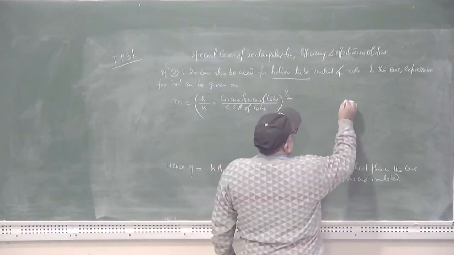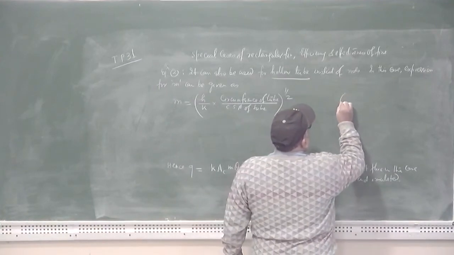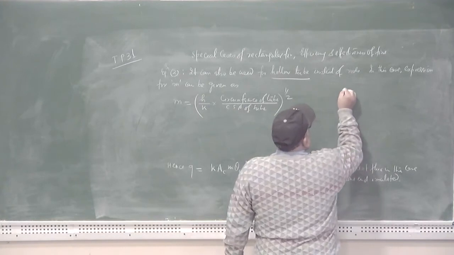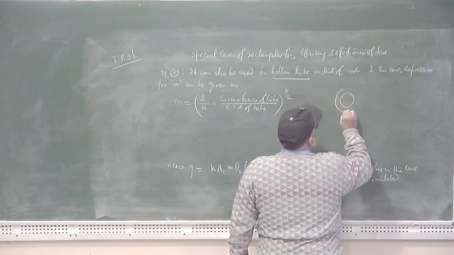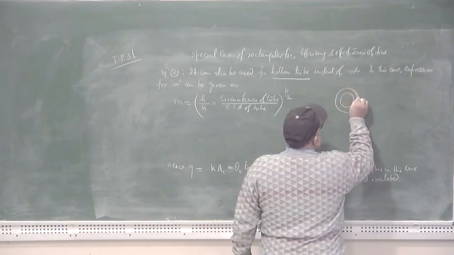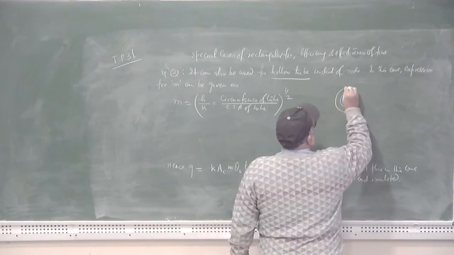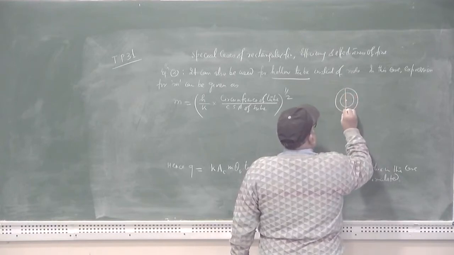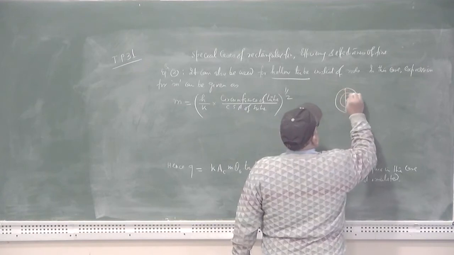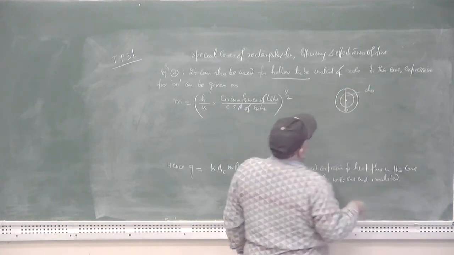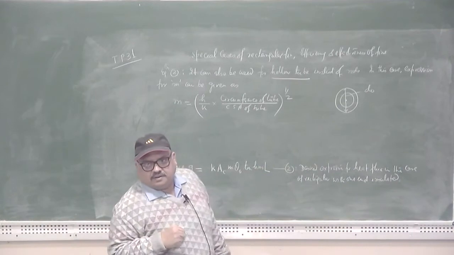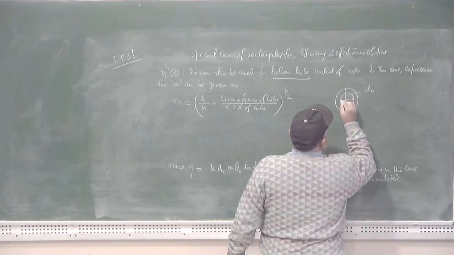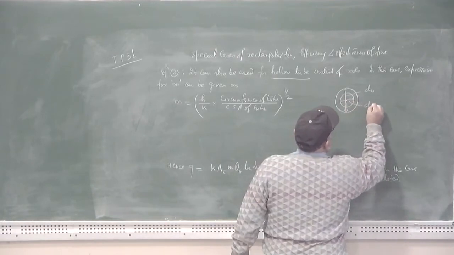Now, taking the plan view of this hollow tube, let us suppose this is the center. This is d naught, the diameter of the outer ring, and this is the diameter of the inner ring, called d i.